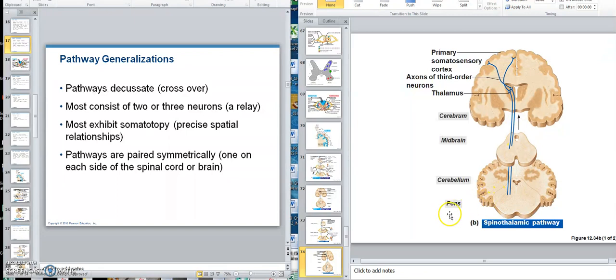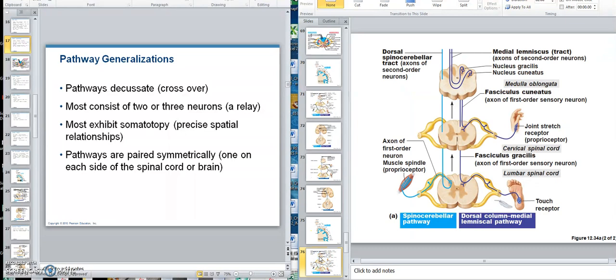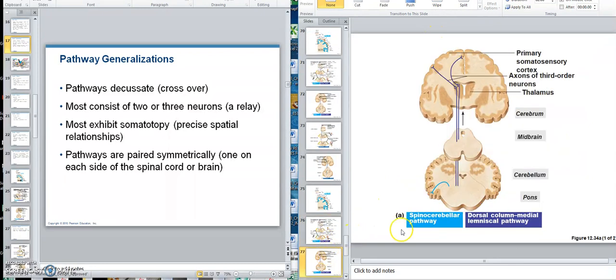So in other words, from the peripheral nervous system, a neuron comes in, then you pick up a second one, then you do a third. So you're coming in here, you'd pick up another one, and when you get up to a certain spot, then you'd pick up another one to essentially go to the brain there. So you'd have come in, gone up, and picked up a third. But some have 2.